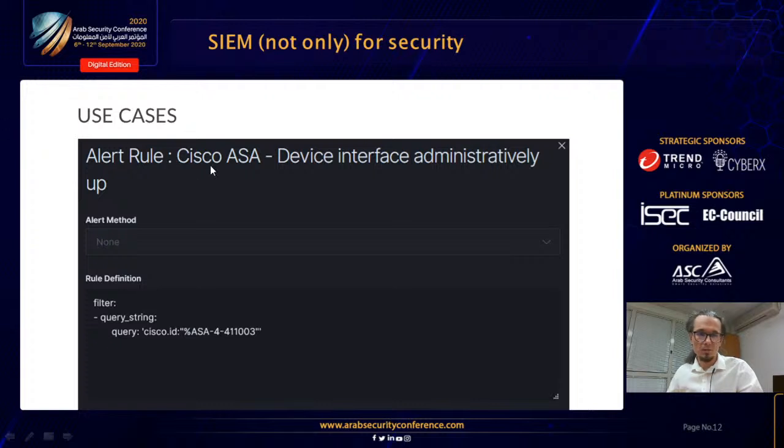Here is the use case for the Cisco ASA source, where we are looking for a specific Cisco ID. If that Cisco ID has been discovered, then a notification alert is triggered.